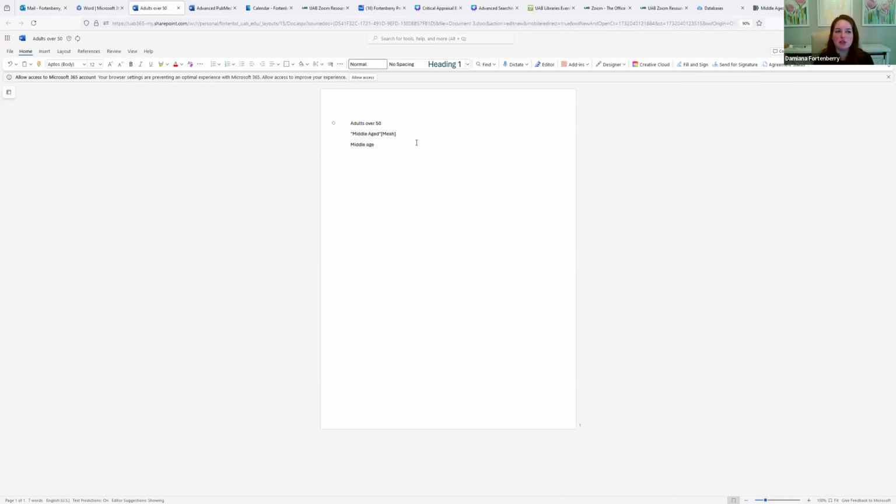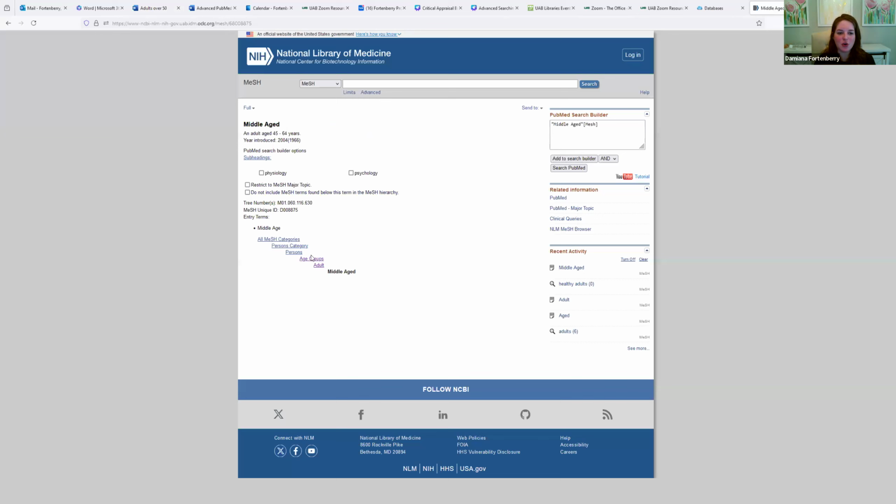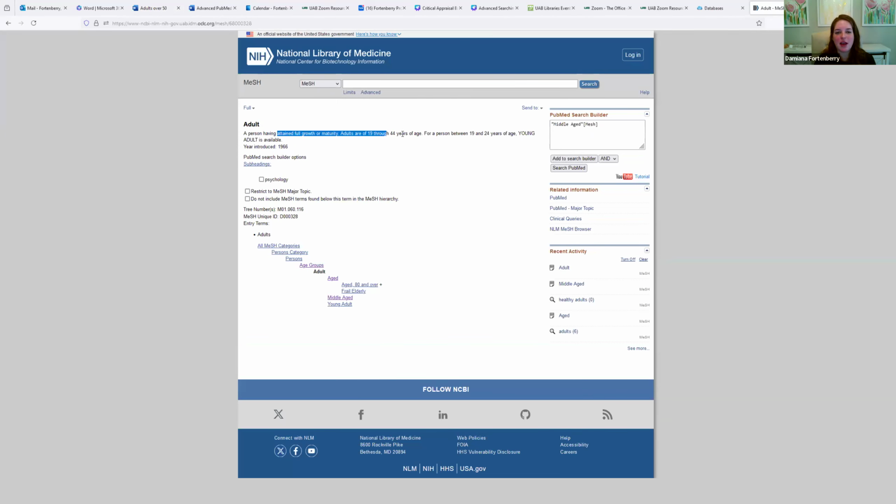We could put adults if we wanted to be a little more broad with this concept, but the chance that adults as a keyword would bring back something outside the age range that we're looking for is possible. So that's a risk to take. I say risk, actually I don't mean risk. What I mean is it's just something to try.